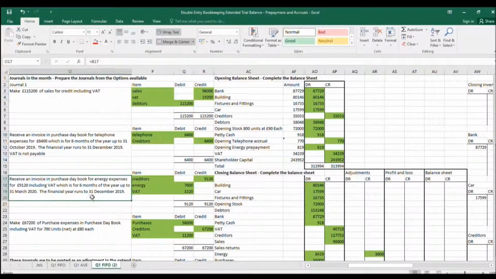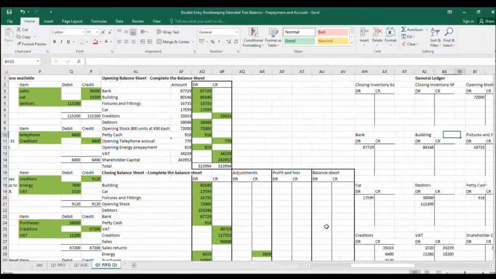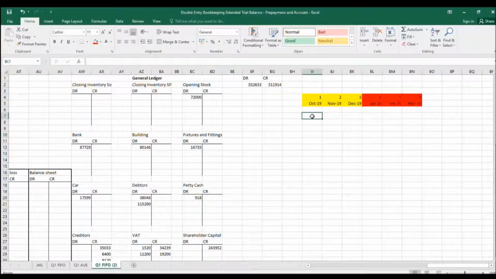Right, so now what do we have here? We receive an invoice in the purchase daybook for telephone expenditure for $6,400 for 8 months up to the 31st of October 2019. Okay, so again, first of all, we just mark out the months that we have in this invoice. Then we put it's up to October 2019.